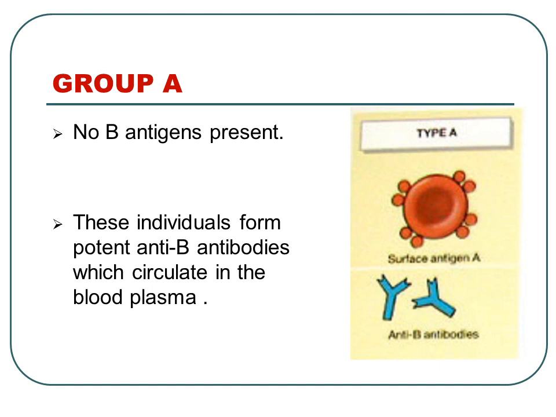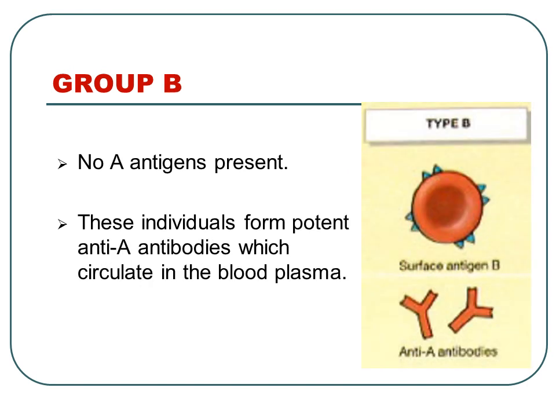These individuals form potent anti-B antibodies which circulate in the blood plasma. In a group B individual, no A antigens are present on their red blood cells. These individuals form potent anti-A antibodies which circulate in the blood plasma.